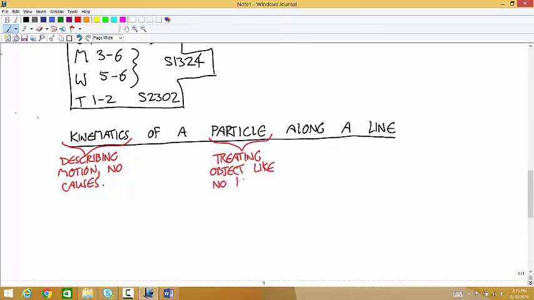And because of that, we don't care at all about the orientation of the objects. We only care about how their location changes. So no orientations.